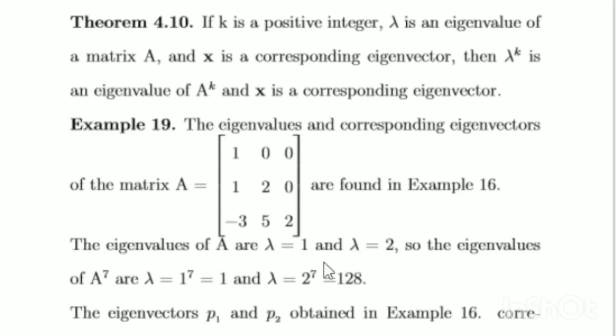The eigenvalues are 1 and 2. So the eigenvalues of A power 7 are 1 raised to 7 and 2 raised to 7. 1 and 128 are the eigenvalues of A raised to 7.